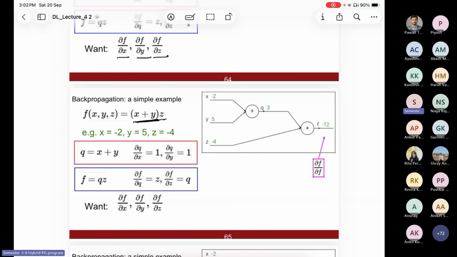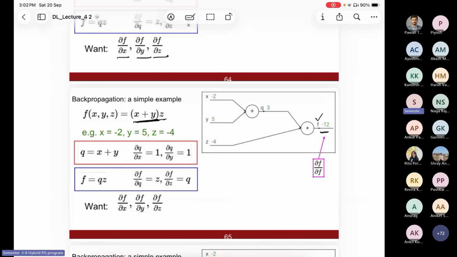So what we do, we start with the base condition. Suppose I'm here at this point, and I want to find the derivative of f with respect to f, then what would be the answer? You know the answer. The answer would be 1, because you're finding the derivative of the same variable with respect to the same variable.